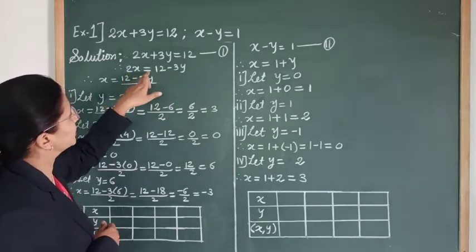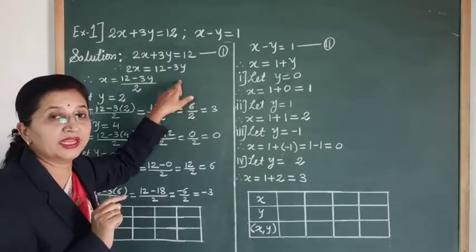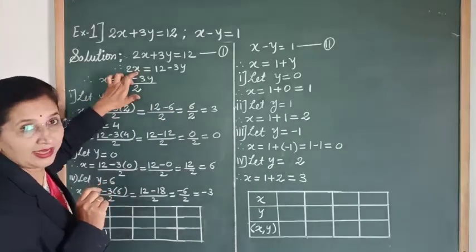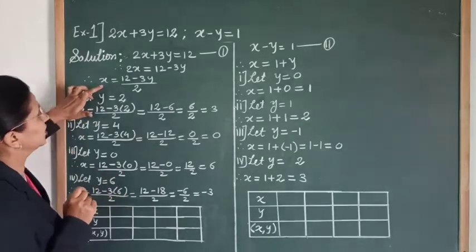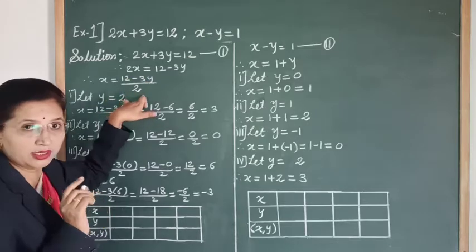So we got 2x is equal to 12 minus 3y, but we have to make the equation in the form of x is equal to. This 2 is multiplying, so as we transfer it to the RHS it will divide. So we get the equation x is equal to (12 minus 3y) upon 2.